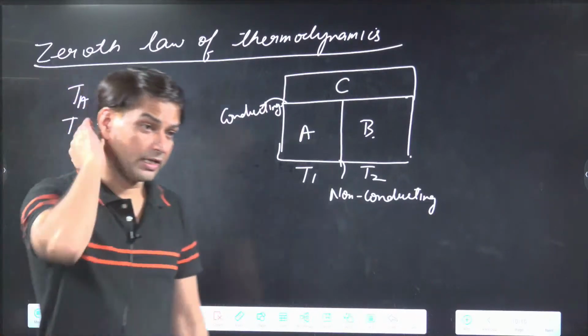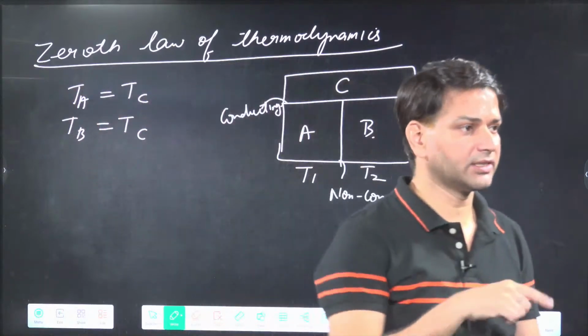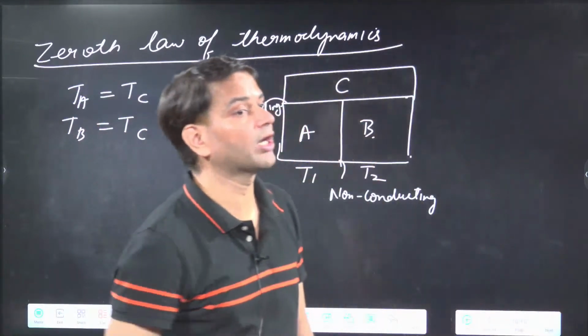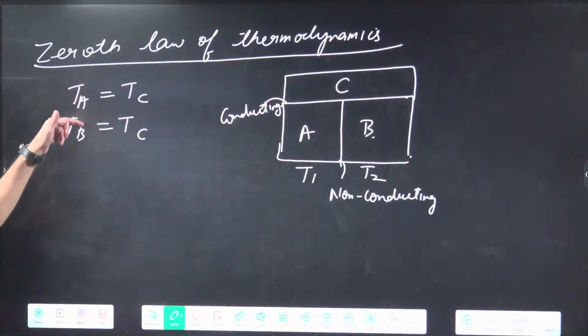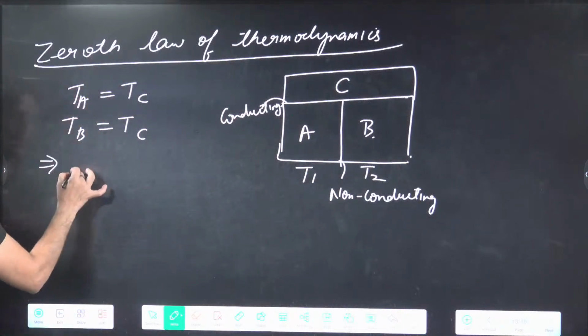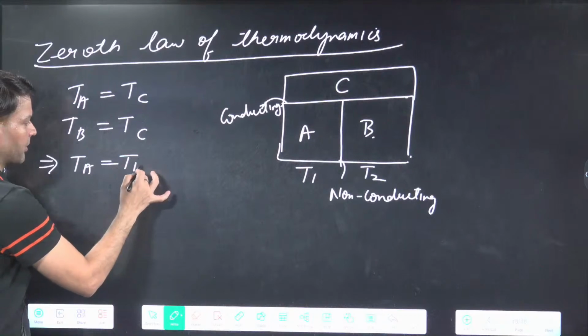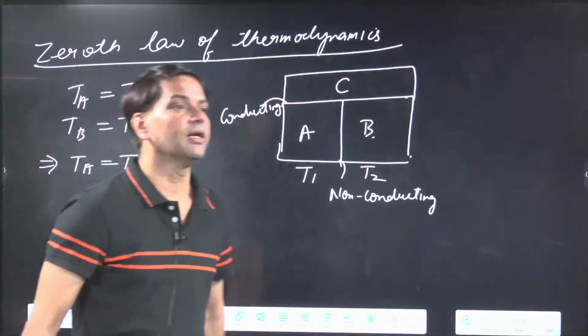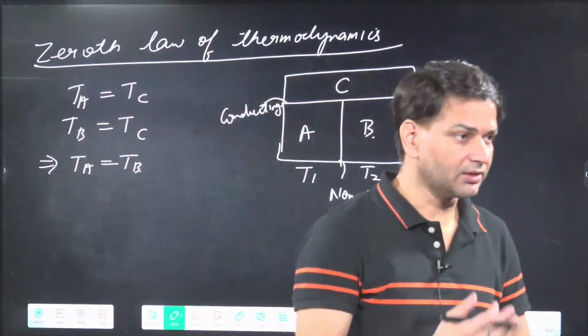It means the temperature of A is equal to C, and the temperature of B is equal to C. Then what can I say? The temperature of A will be equal to the temperature of B. Now A and B have come into thermal equilibrium.